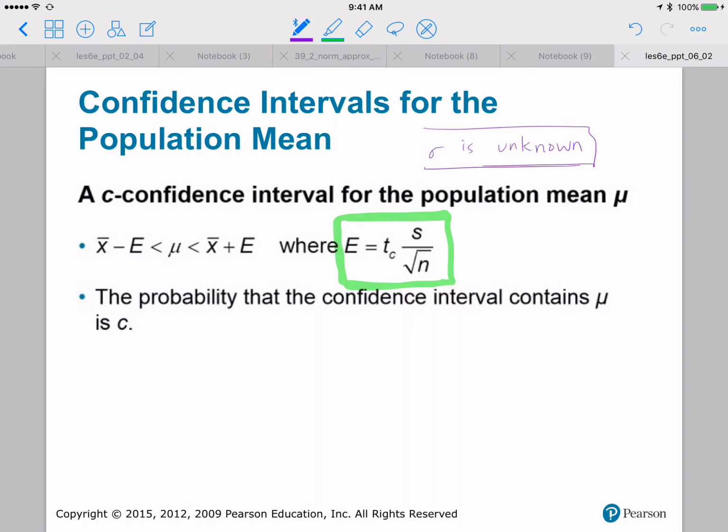When sigma is unknown, this is the formula for the margin of error that we use. So you use your critical T, you use your sample standard deviation, and you still have this square root of n. So n is your sample size.